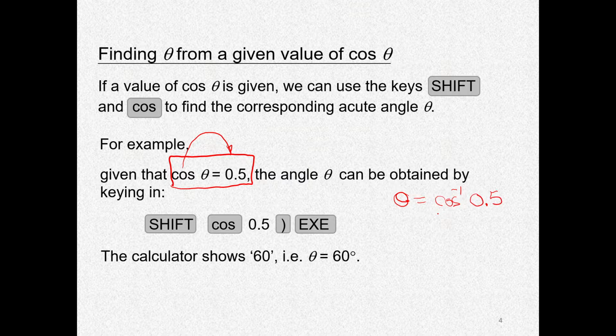How can we press this symbol in our calculator? We need to make use of the shift button and the cosine button. So follow the keying sequence and then you can get our angle theta to be 60 degrees.